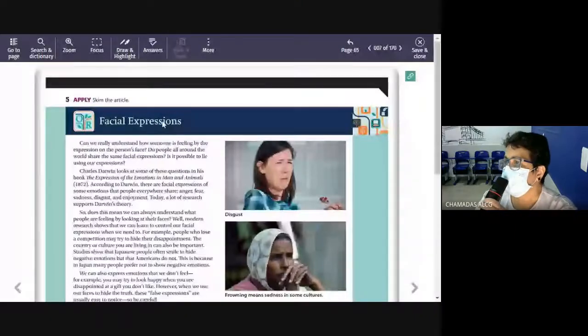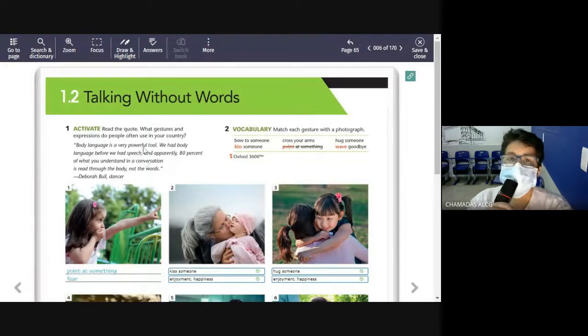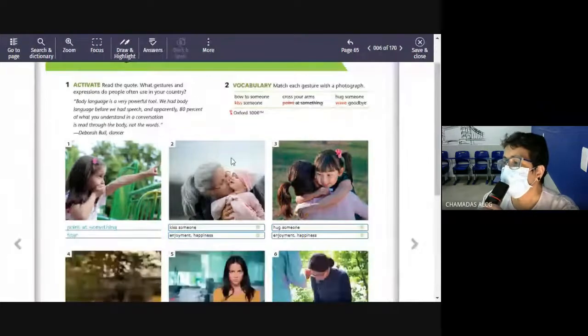All right, people. So this is our page for today. We are doing the first unit, remember. Last class, we started talking about body language, okay? The communication through our body, right? We saw the introduction, okay? We talked about it.